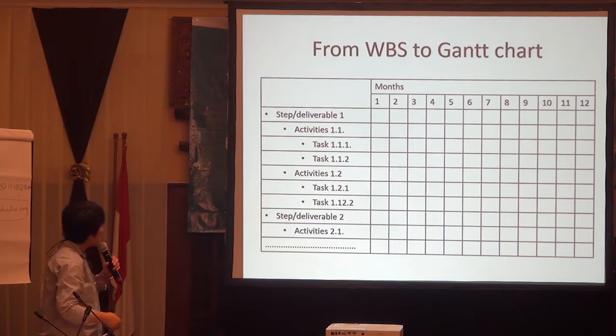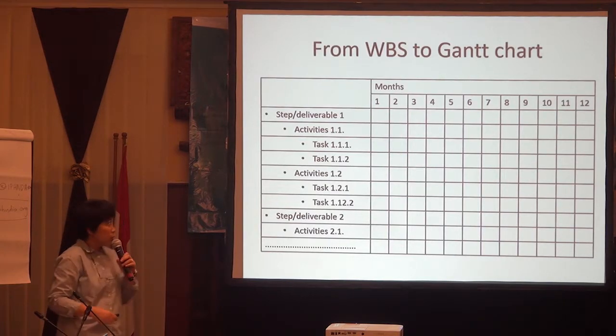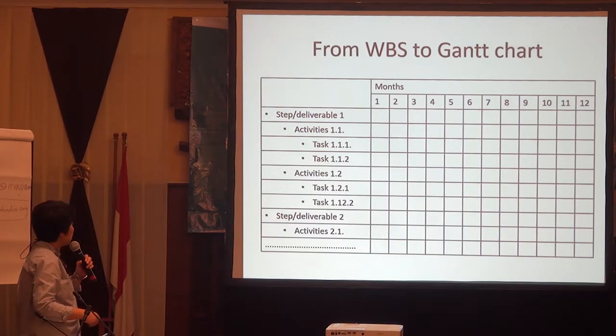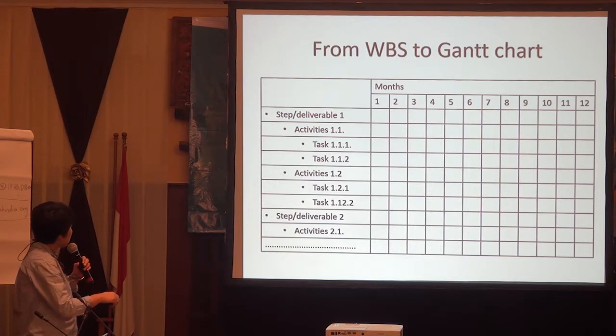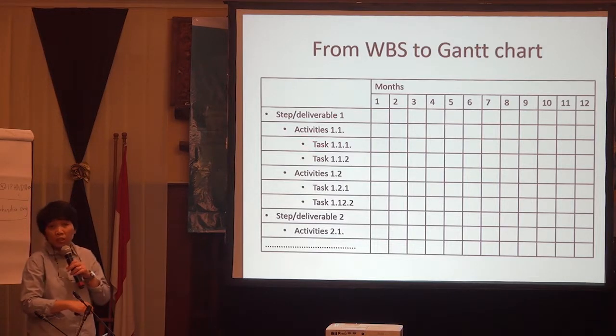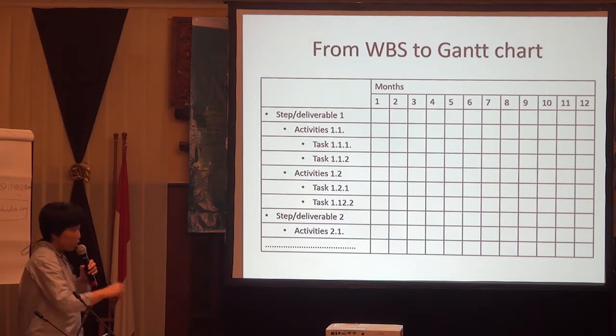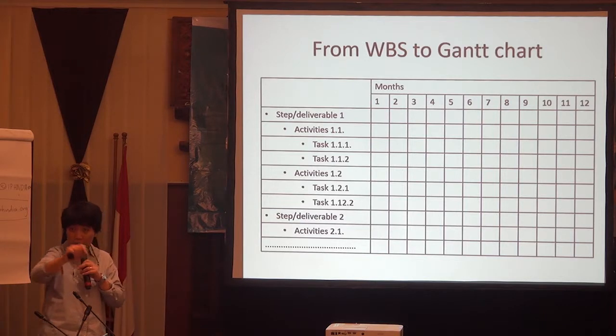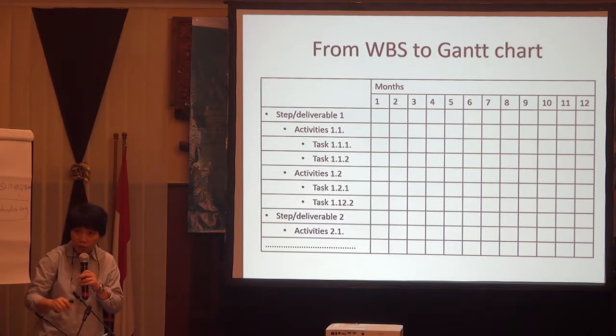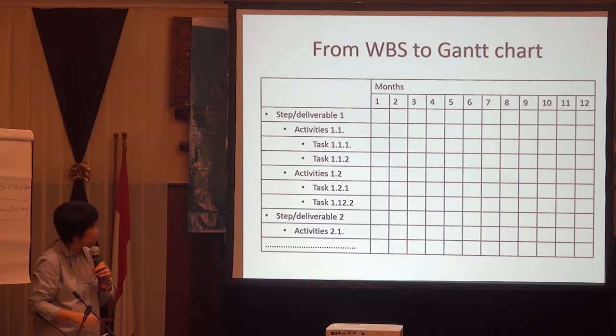So you have a matrix like this: you have the steps or deliverables, and then you break them down into activities. Sometimes you even need more detailed activities called tasks, because there is something that you can divide among your team in the research project.